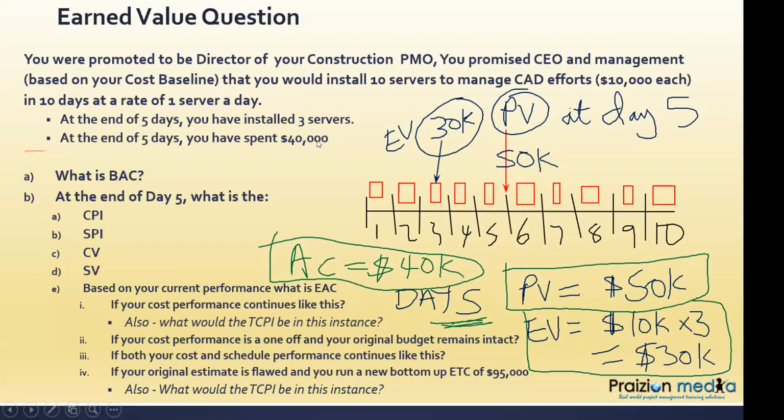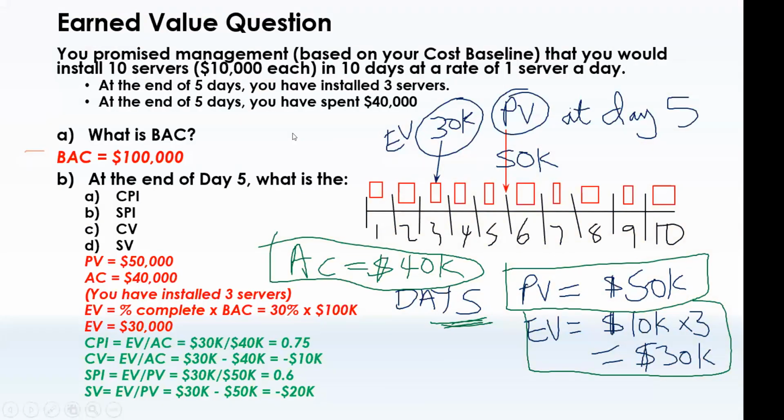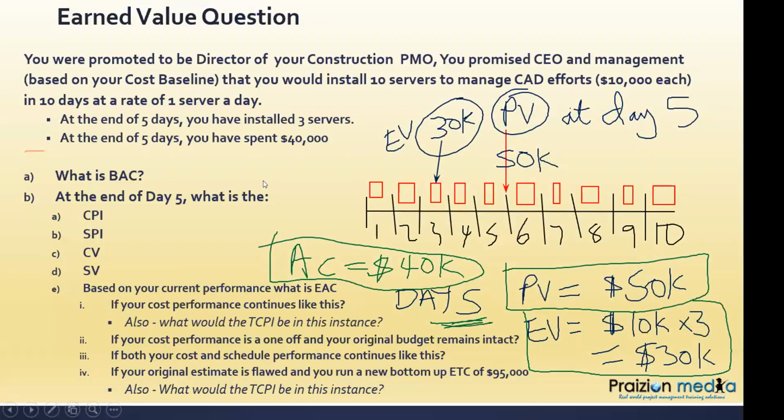Let's go to the previous page. So, my friends, let's take a look at E. Does everyone understand how we got these numbers for SPI, CPI, CV, and SV? Yeah, makes sense? Okay. So let's advance to the next problem.